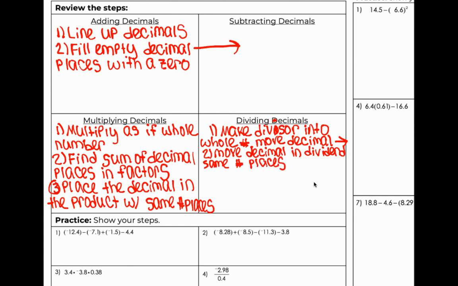Then from there, you're just going to divide as you normally would. And then once you have your answer, you're going to float the decimal into the quotient. And we'll give you an example of that.